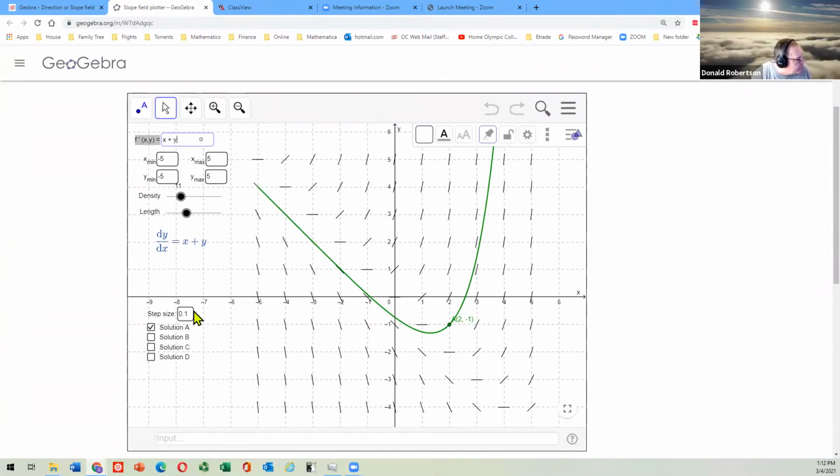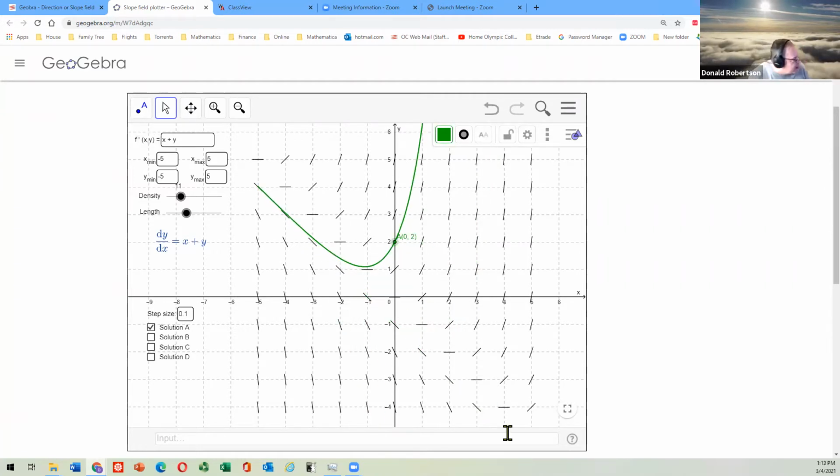Now, suppose they told me y of 0 equals 2. That would mean you would be at 0, 2. And suppose the next one was y of 1 equals 5. Can I do 1, 5? Yeah, I can. And suppose the next one is at negative 2, negative 2.